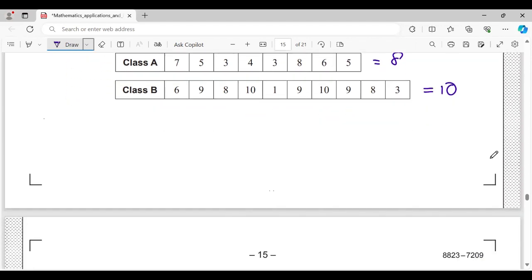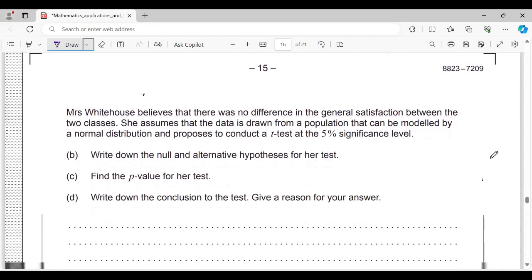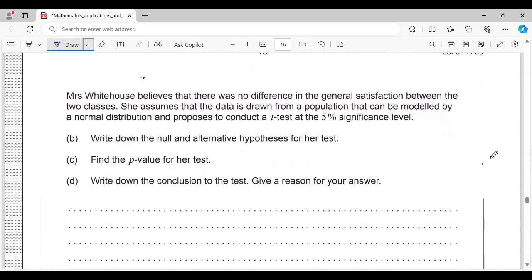So the total is 18 students. Mrs. Whitehouse believes that there was no difference in the general satisfaction between the two classes.